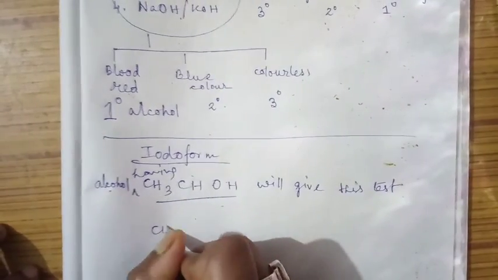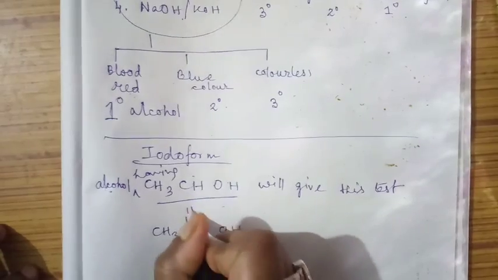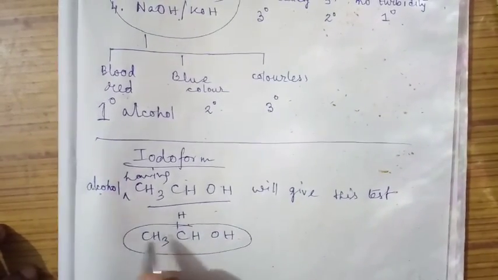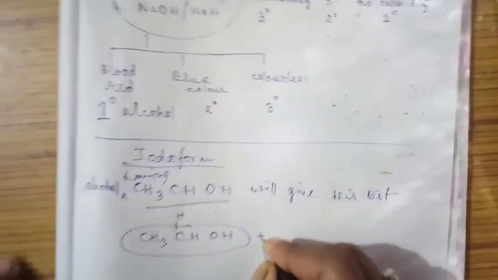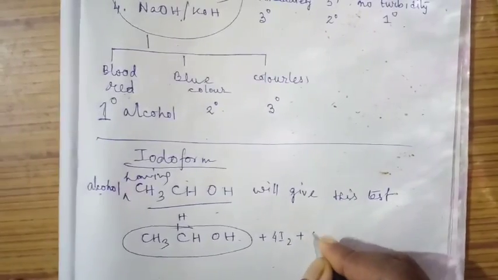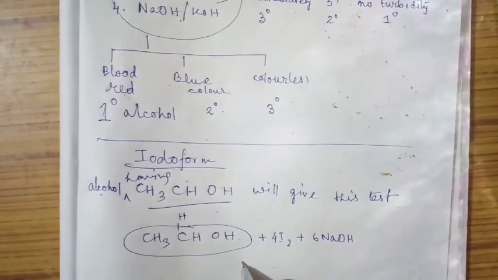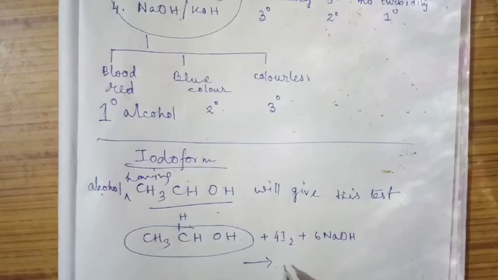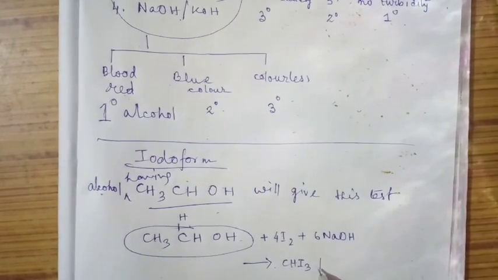Suppose you have CH3CH2OH. I am showing the hydrogen separately so that you can understand. This is ethanol. This is having the CH3CHOH group. Now if you are adding iodine in the presence of sodium hydroxide, then you will get CHI3, which is iodoform.